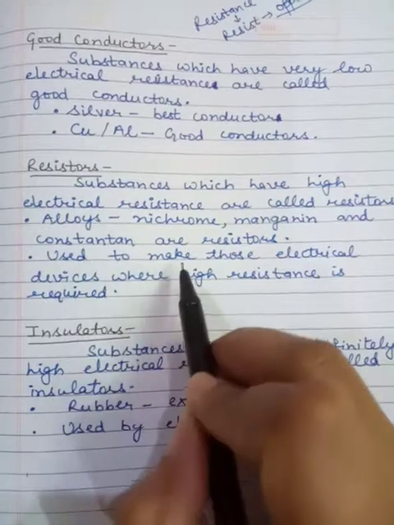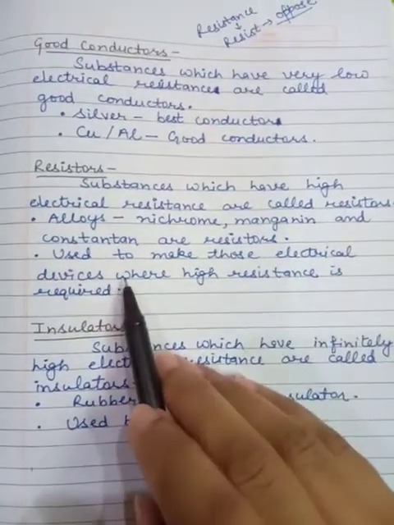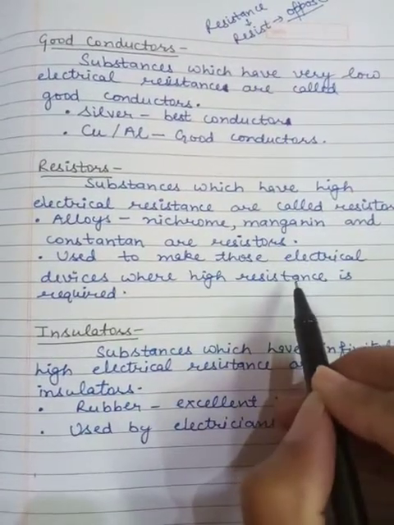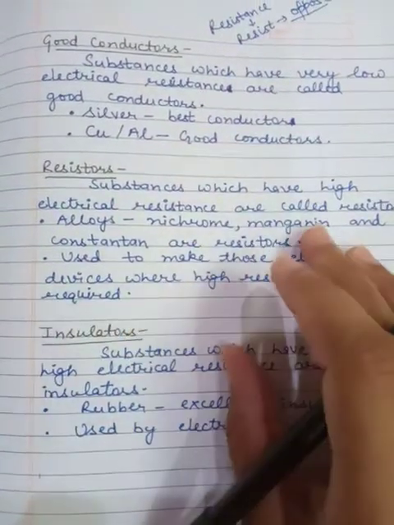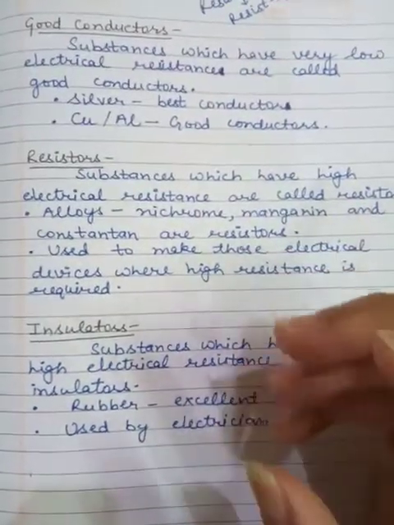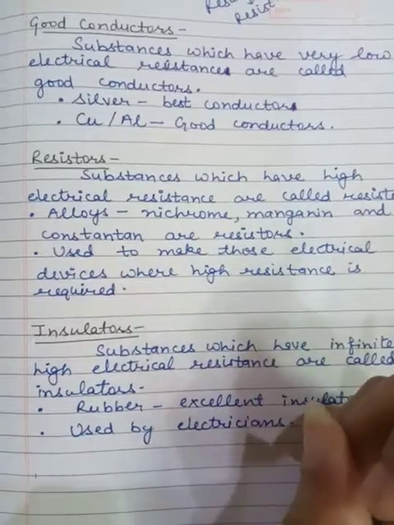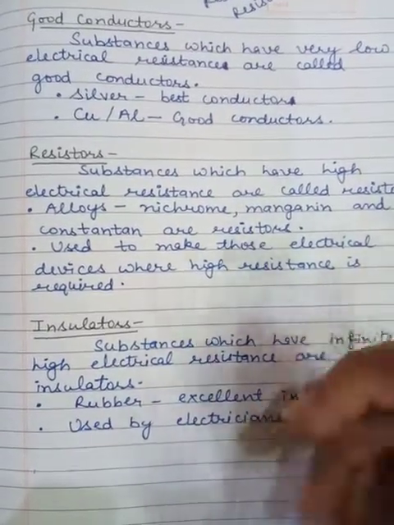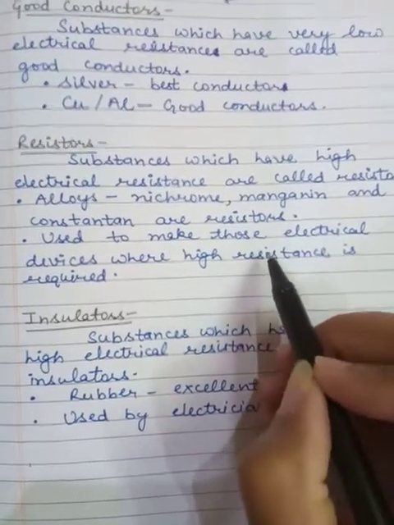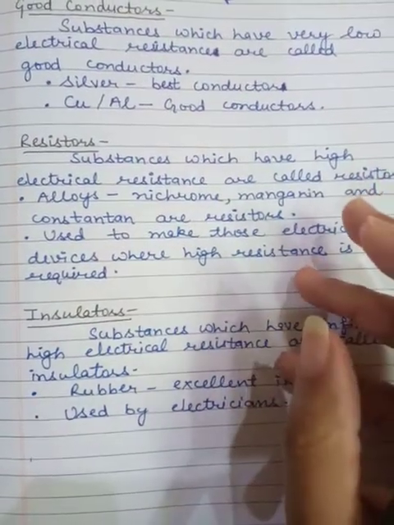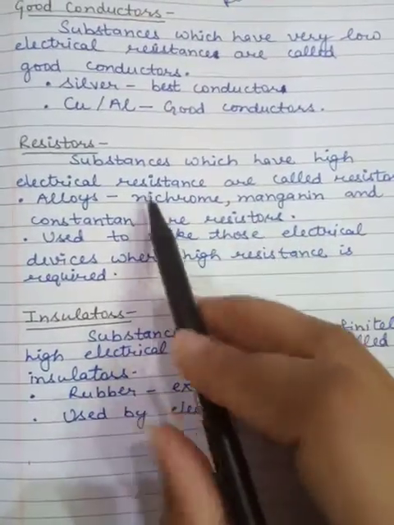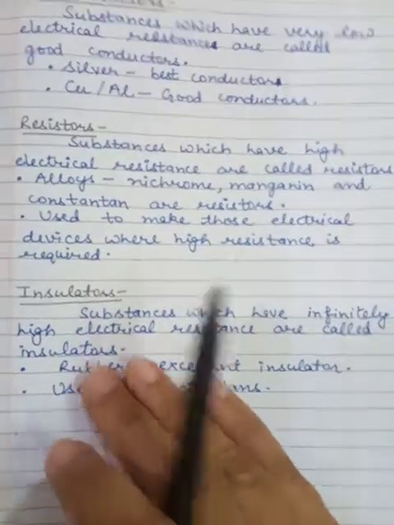These resistors are used to make those electrical devices which need very high resistance, that means those appliances in which we need heat, like irons, heaters and room heaters. In those appliances we need high resistance, and that's why the temperature of those appliances becomes very high, and we need this type of resistors in these appliances.